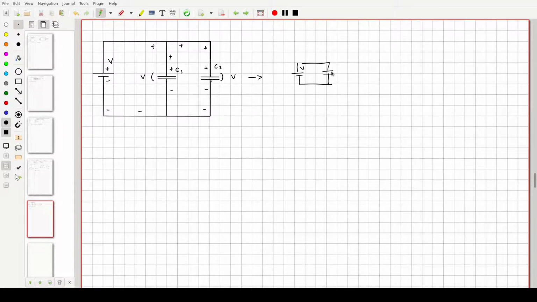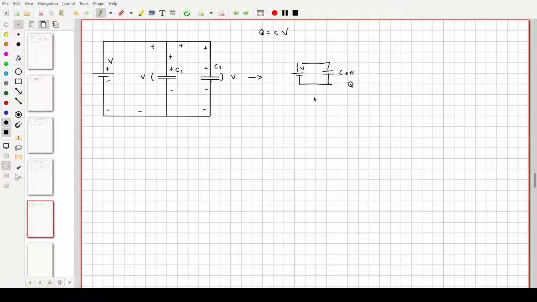So our voltage doesn't change, and we're going to get some sort of C effective right here with a charge of Q. Now that said, remember the relationship between charge, capacitance and voltage. It looks like this.